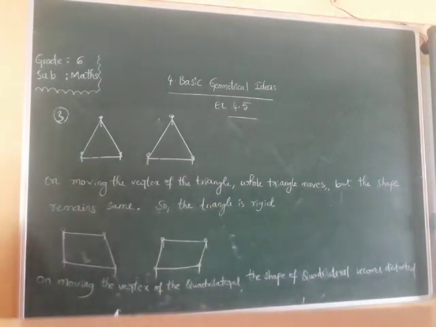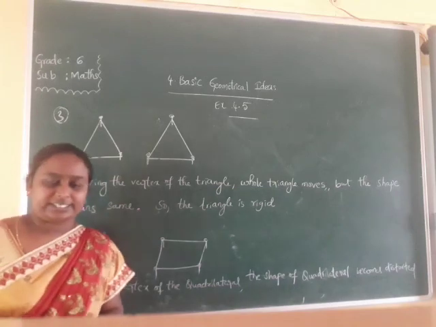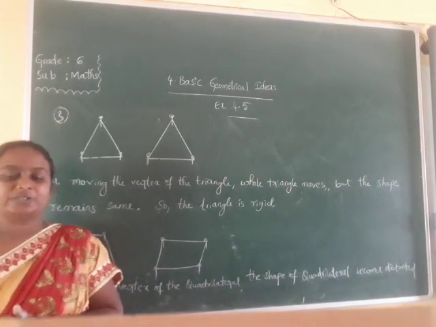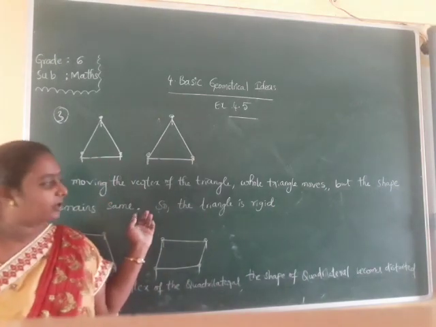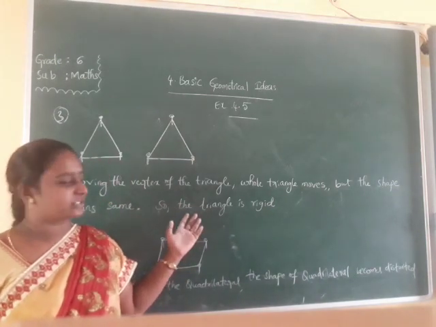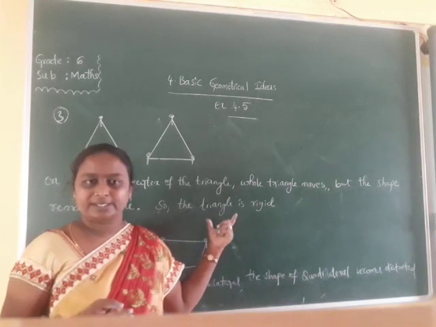So that's why in structures, electric towers use which shape? Triangular shape. Why? Because even if it is moved, it keeps the same shape. It is rigid.